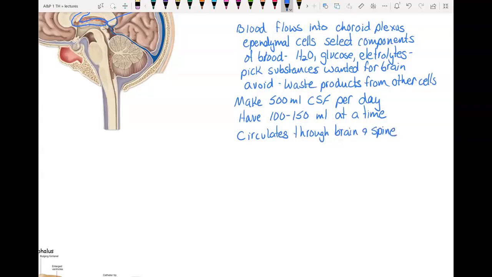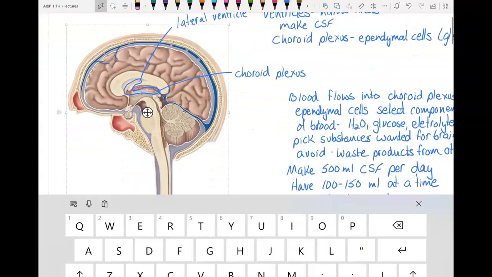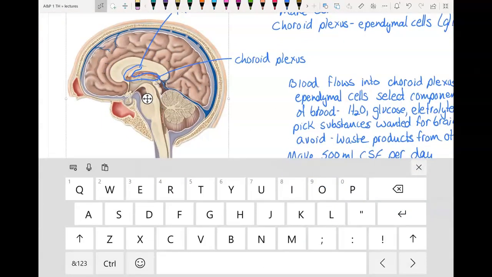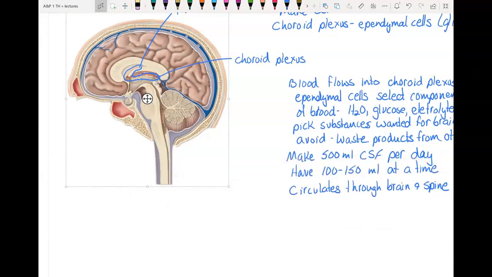So if we look at the flow of this circulation, it goes down from the lateral ventricle through the third ventricle. So right about here is your third ventricle, and it comes down to the fourth ventricle. From there, it goes two different ways. Some of it will flow through into the subarachnoid space.